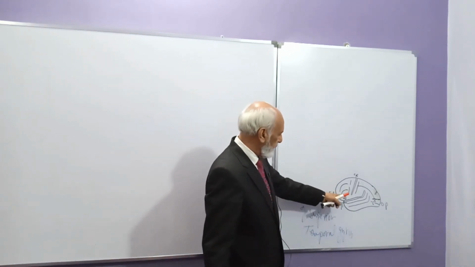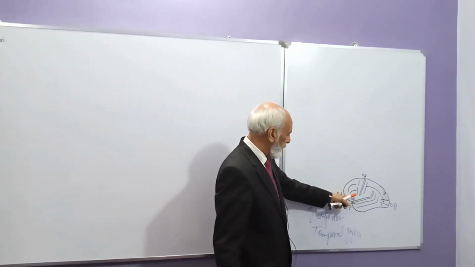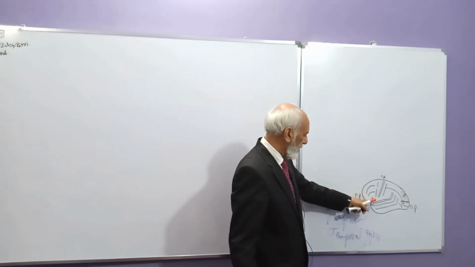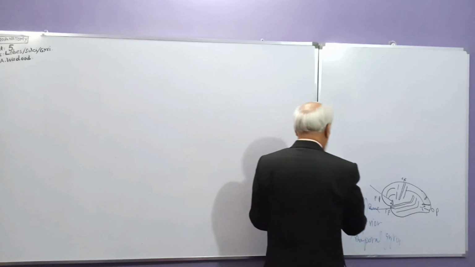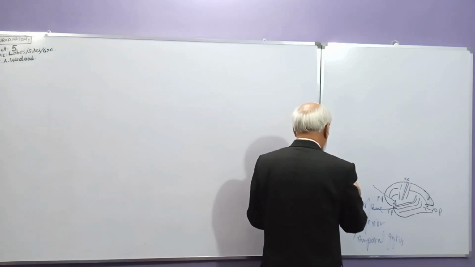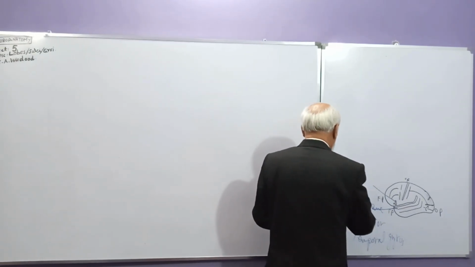And you know, this is the inferior frontal gyrus, traversed by these 2 rami. Inferior frontal gyrus.